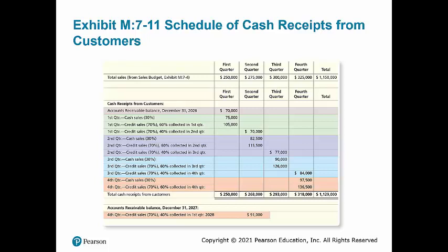That would be equal to 40% of the credit sales for the fourth quarter. If we calculated that amount, it would be $91,000. The $91,000 will be the accounts receivable balance on the December 31st, 2027 budgeted balance sheet.